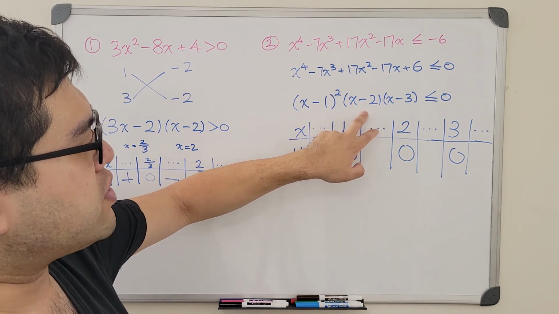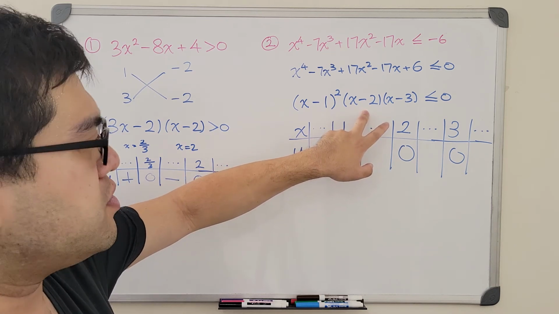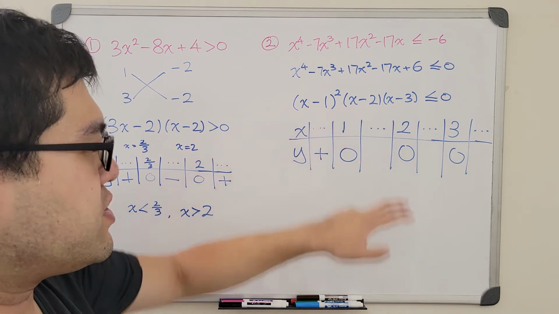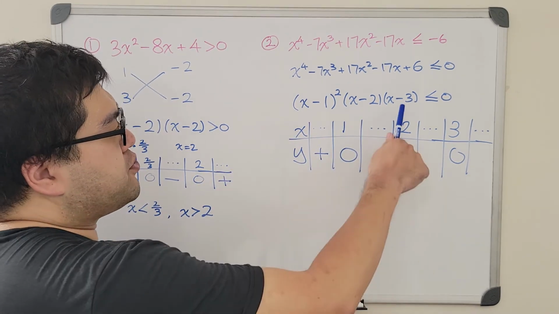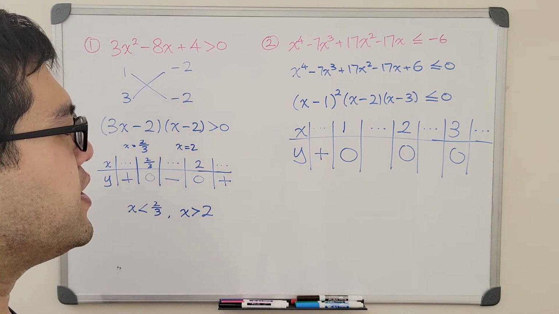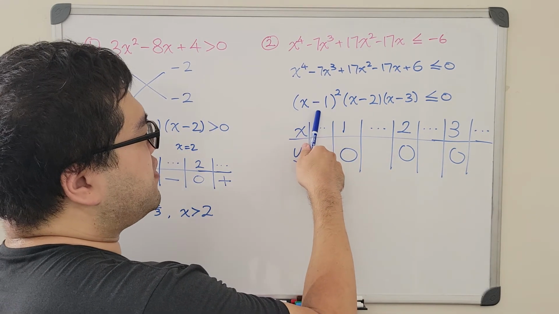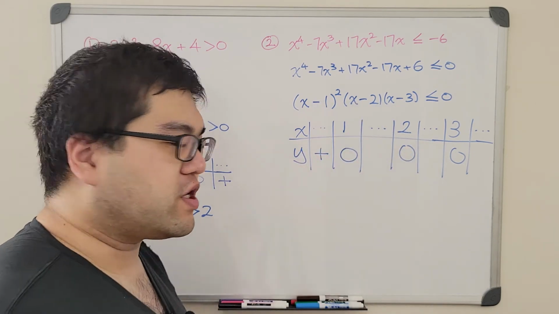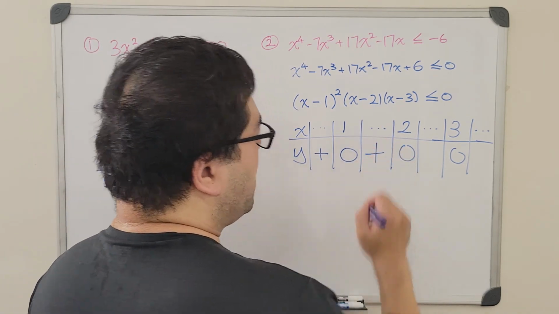Now, that value is less than 2, of course, so x minus 2 is negative. But that's also true for x minus 3, because if it's less than 2, it must be less than 3. So we end up with positive squared times a negative times another negative. So we have double negative. We end up with positive.